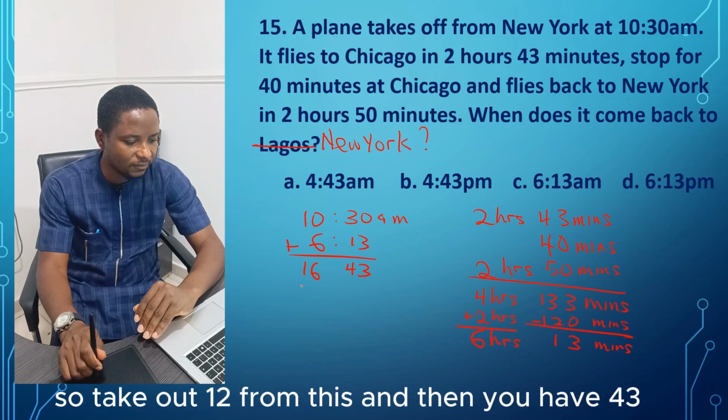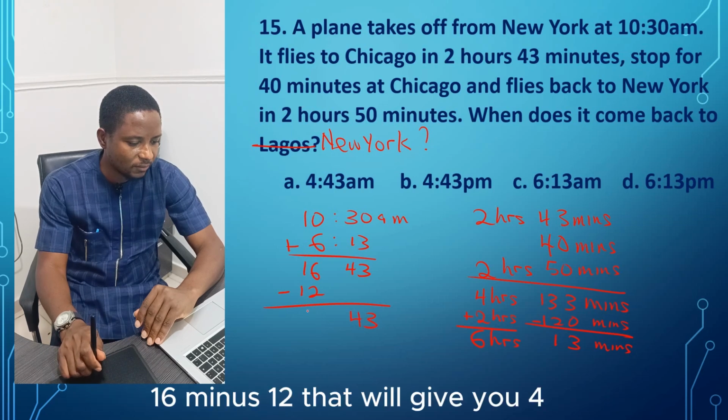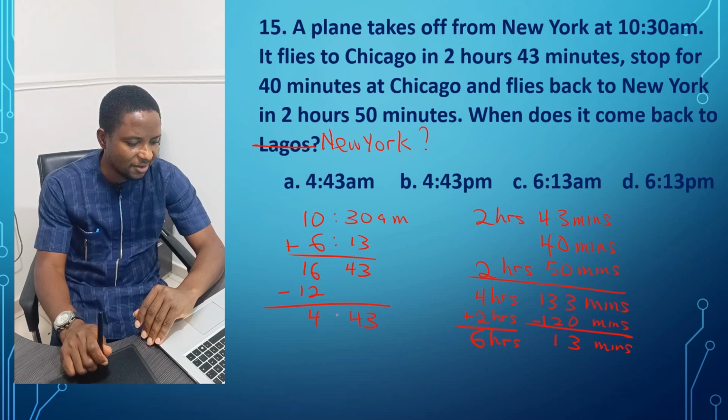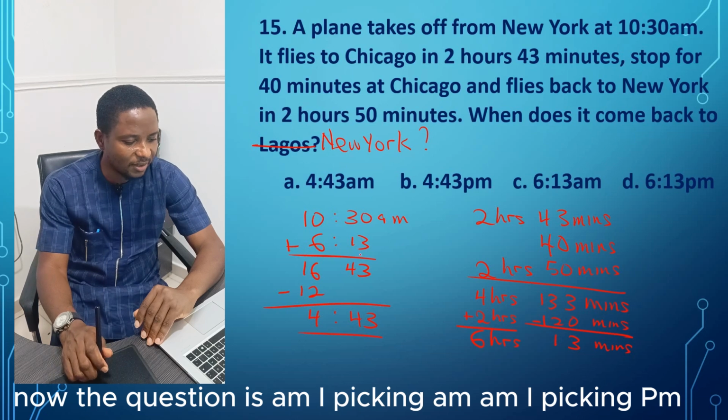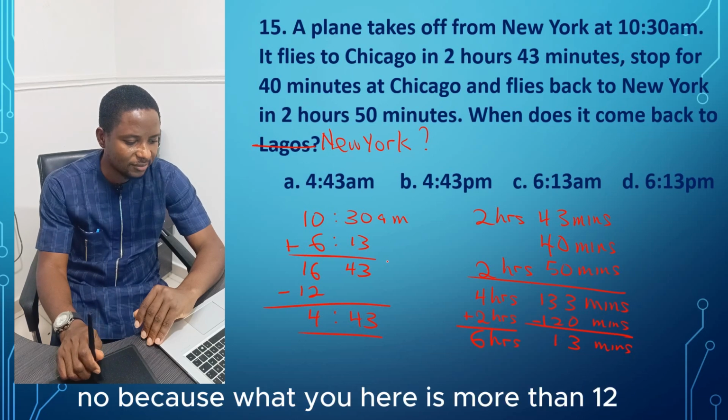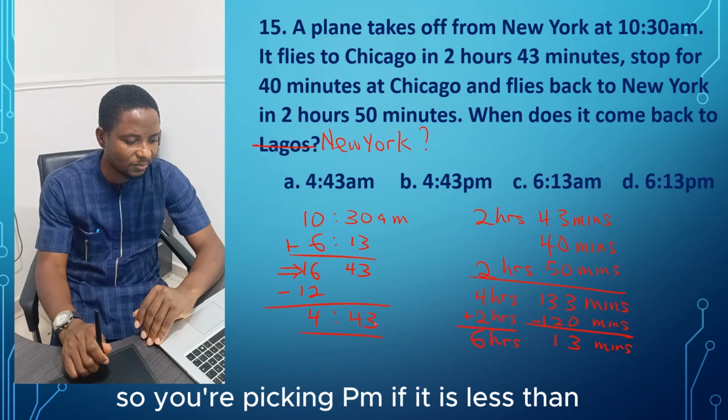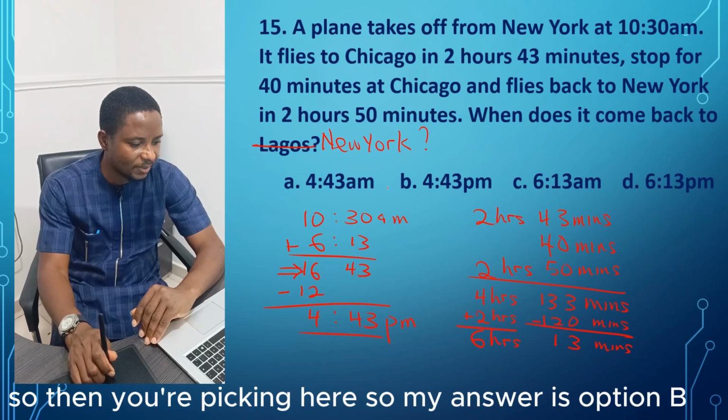So take out 12 from this, and then you have 43. 16 minus 12, that will give you 4. Now the question is, am I picking AM? Am I picking PM? No, because what you have here is more than 12, so you're picking PM. If it is less than 12, then you're picking AM. So my answer is option B.